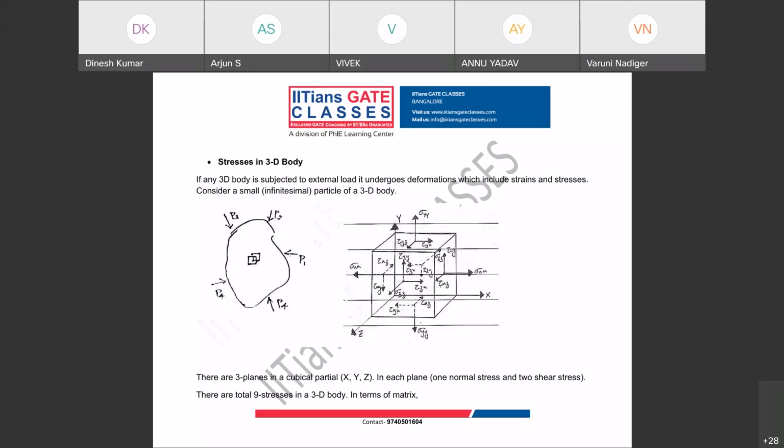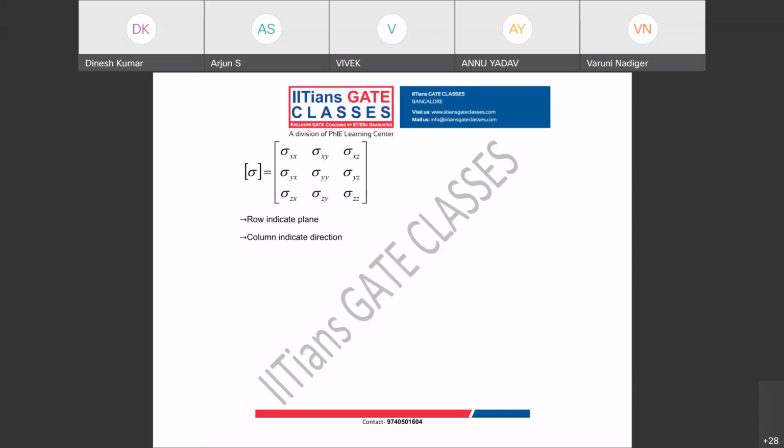Now guys, this three-dimensional stress system I can write in matrix form, because in your GATE exam it's always important to write things in matrix form, especially the stress and strain part. So you have normal stress sigma xx, then corresponding shear stresses sigma xy, sigma xz, then shear stress sigma yx, normal stress sigma yy, sigma yz, sigma zx, sigma zy, then sigma zz.